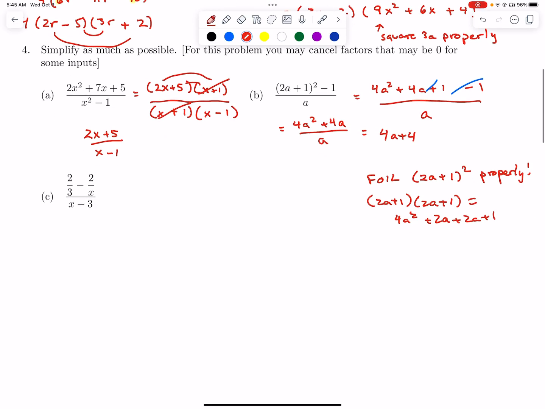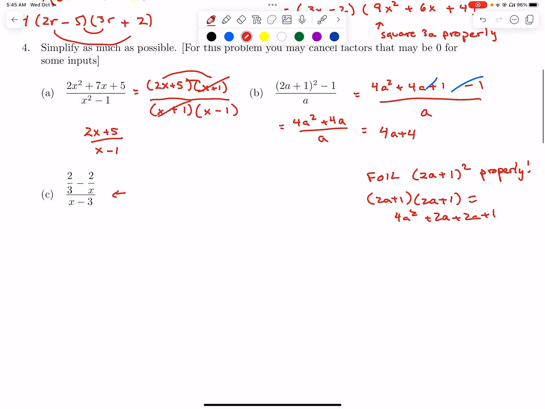Okay, what about this one? This one, do you remember what we did last year? Instead of dividing by x minus 3, I multiply by the reciprocal.